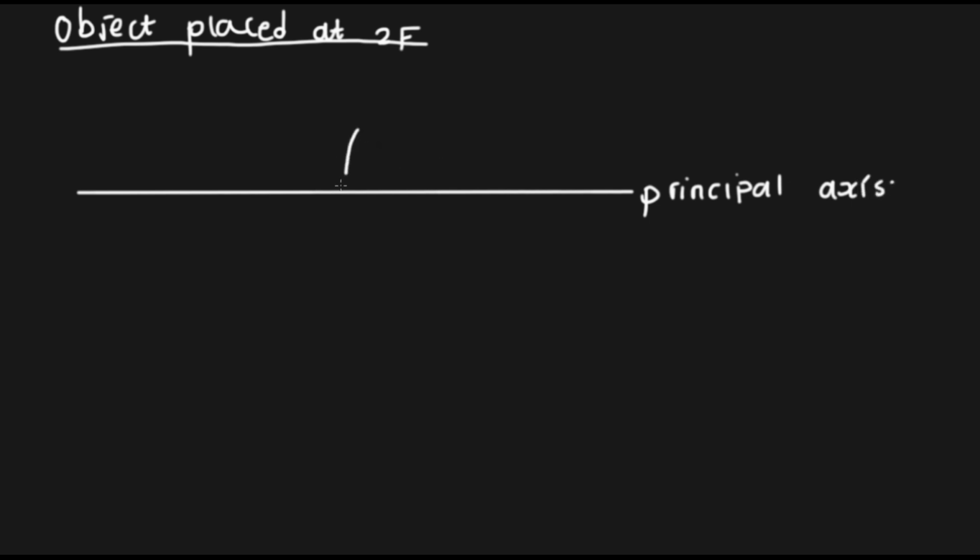After that, you draw the lens in between your principal axis. Then you make sure that you use the same scale. So this is our F1. We have our F2. So now we move our object and we place it at 2F.